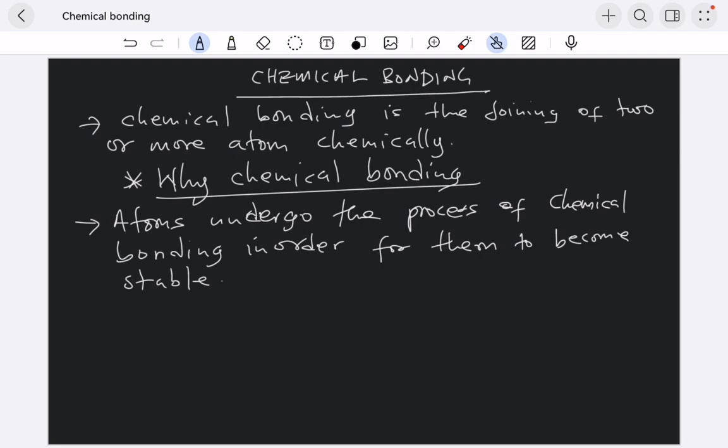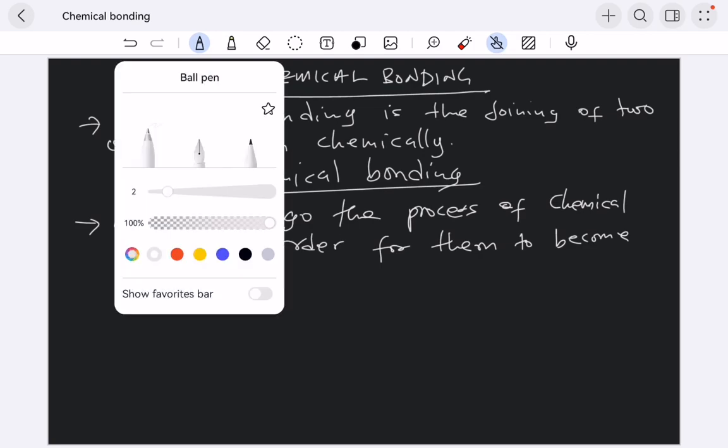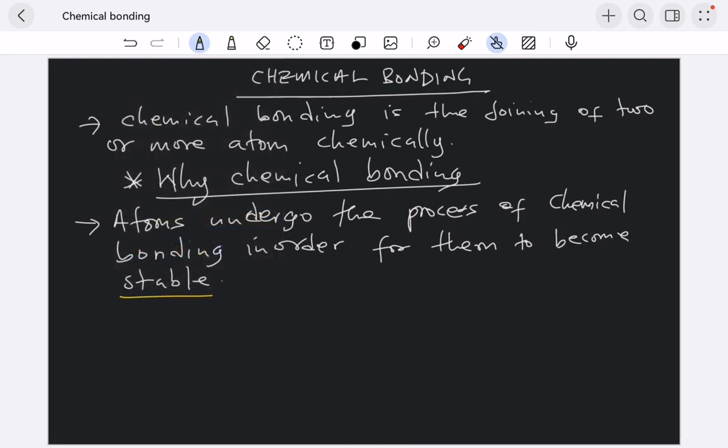So they undergo the process of chemical bonding in order for them to become stable.